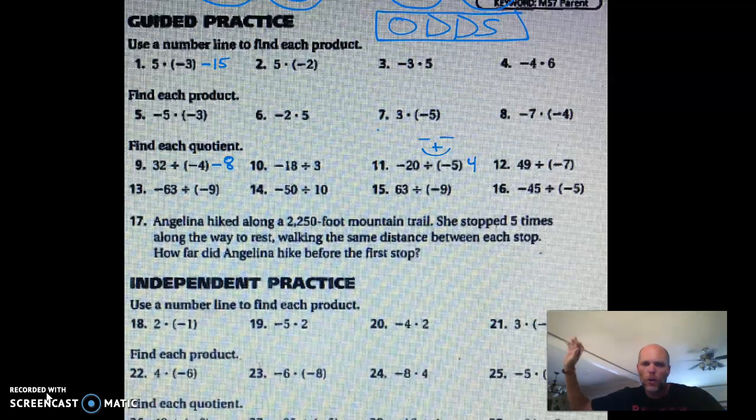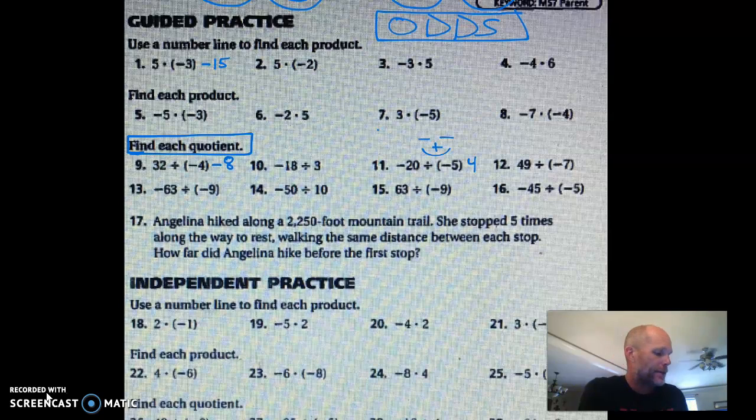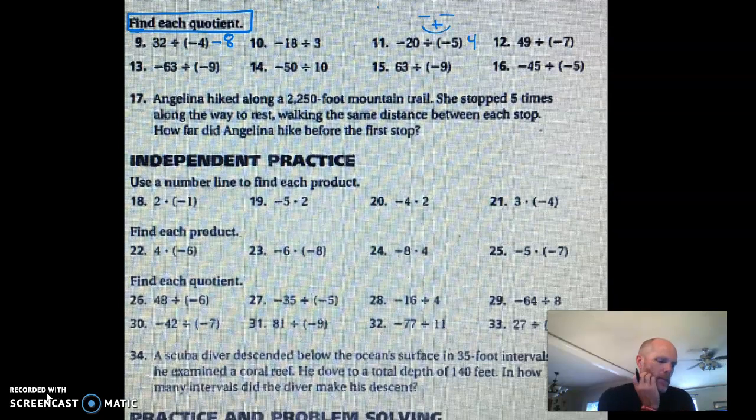So you're taking this total distance and you're splitting it into 5 equal parts. Wonder what operation that sounds like. Not to mention, it's a part of the practice that says find the quotient, and I just told you what quotient means. So, all right, let's go down here a little bit further.